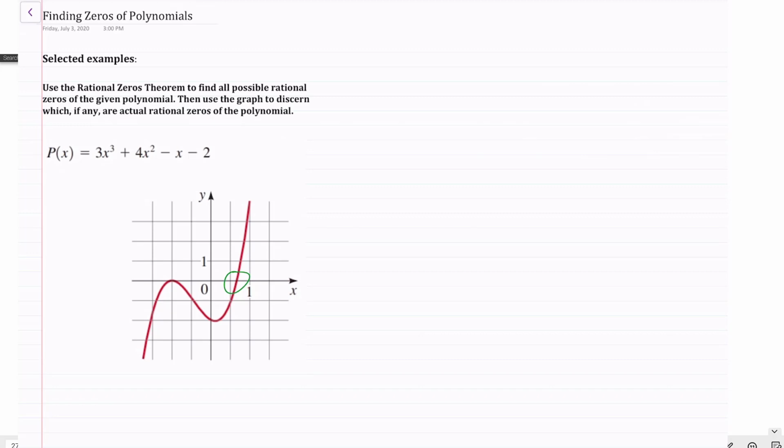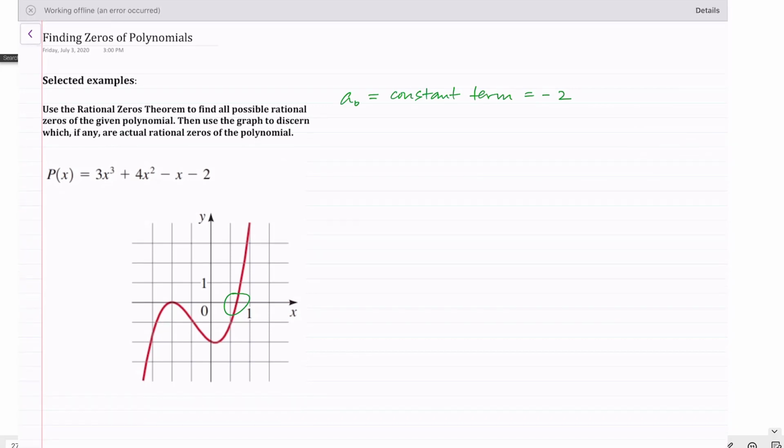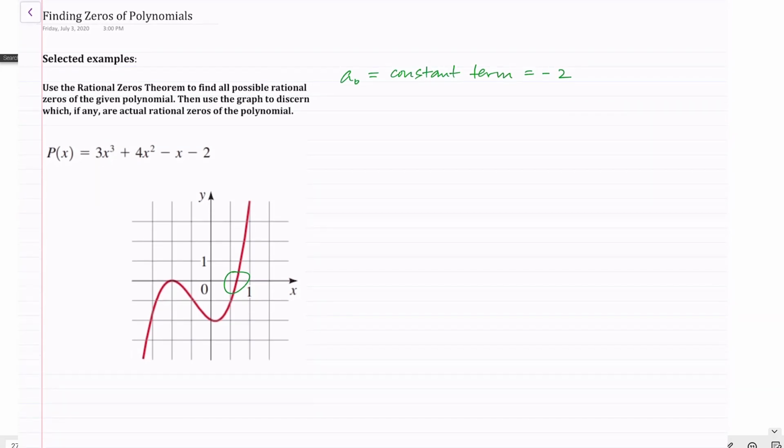Now, as far as this polynomial is concerned, the constant term you can see is -2. It does own the sign in a manner of speaking. I mean, it is -2, but we don't really care about the sign.